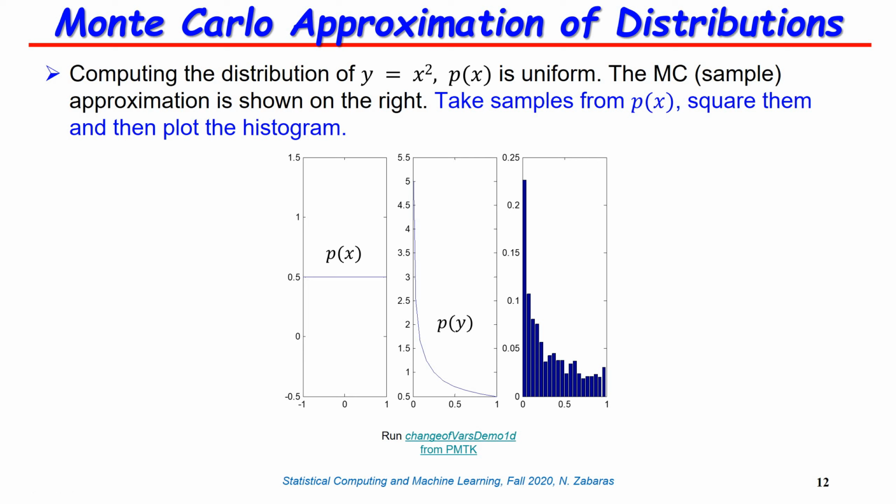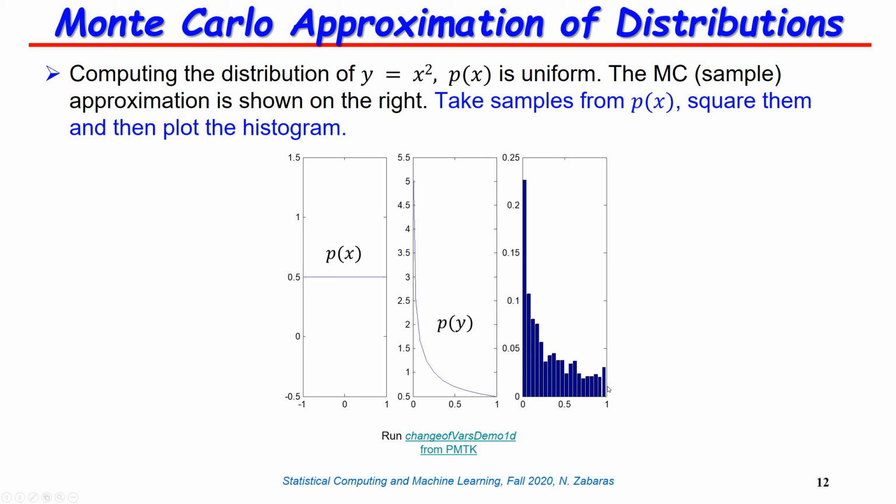So this is something that we already have seen. Let's say that P of X is a uniform distribution from -1 to 1, so the density is 0.5 here. And I do a transformation y equals x squared, and I want to figure out what is the PDF of y. So the way you actually do this is you draw samples from P of X, you square them, you form a histogram, and that's P of y. Okay?